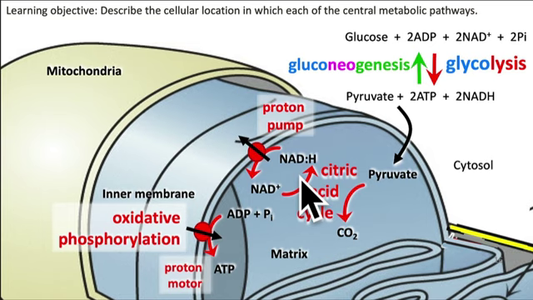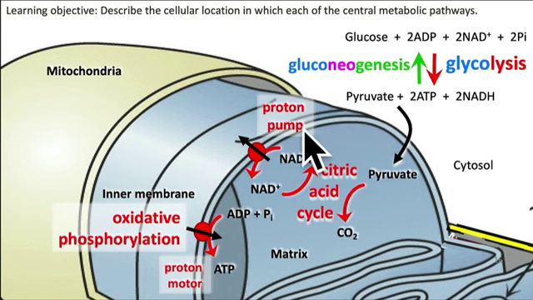NADH then binds to transmembrane complexes of the electron transport chain and dumps those high energy electrons into those complexes to fall down the electron transport chain and ultimately to drive oxidative phosphorylation to make ATP.